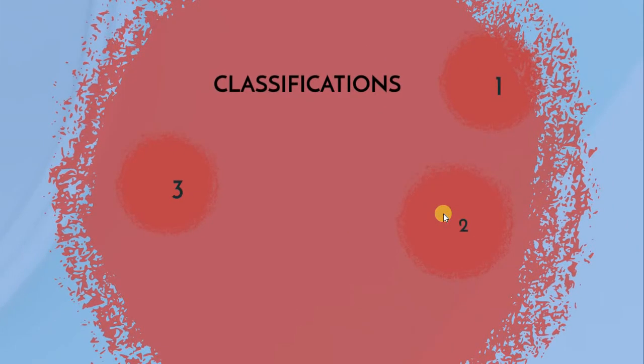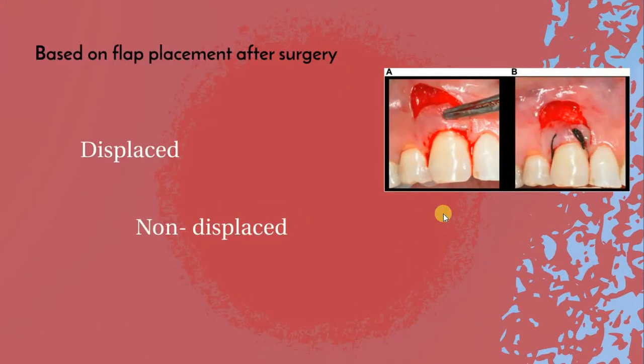So according to the classifications of the flap, we have three classifications. Based on the flap placement after surgery, we have displaced and non-displaced flap. The displaced flap is when you move a flap from one place to another.